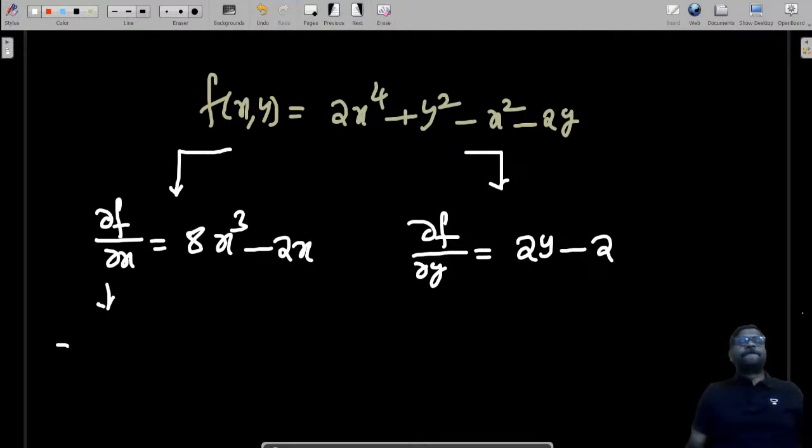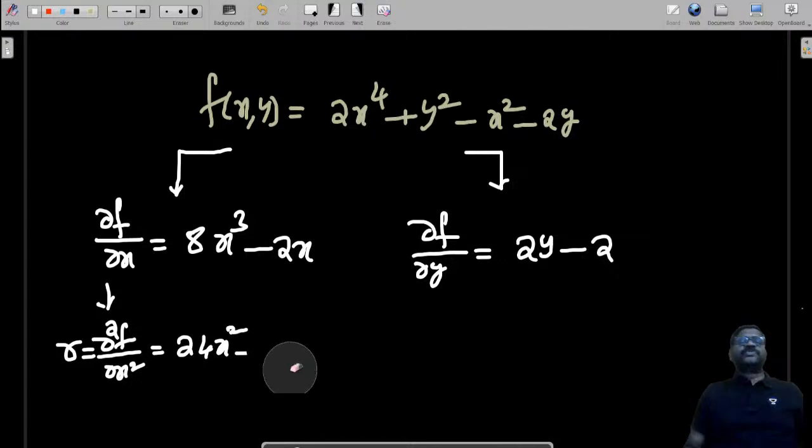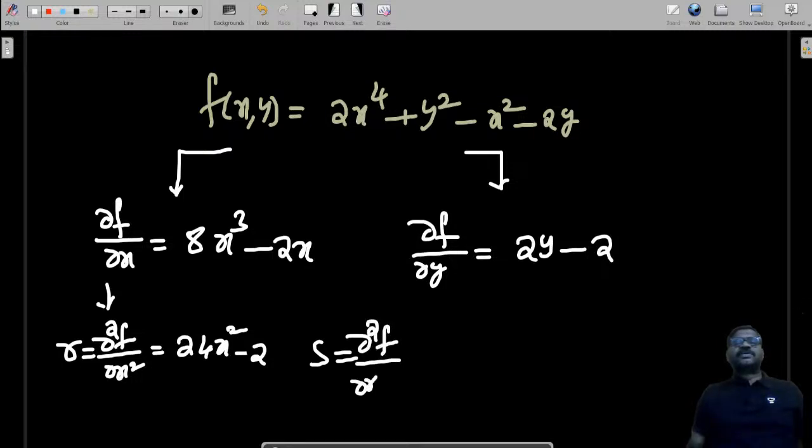Next, r is del square f by del x square, 24x square minus 2. S is del square f by del x del y.